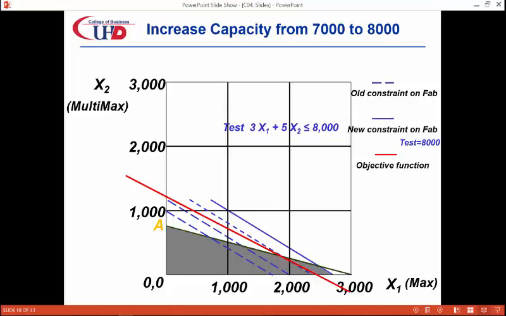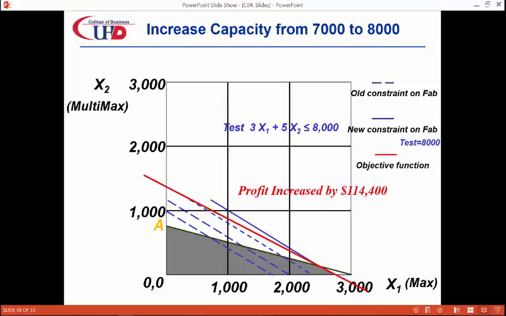So the feasible region is further extended. Now, with this extended feasible region, we can push up the isoprofit line further to the new corner point, at which still both testing and assembly resources are fully used up.